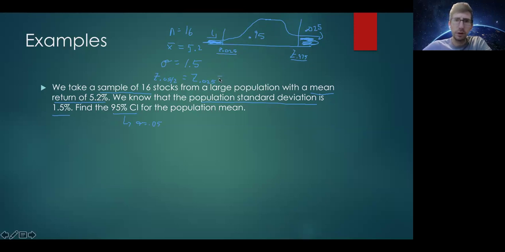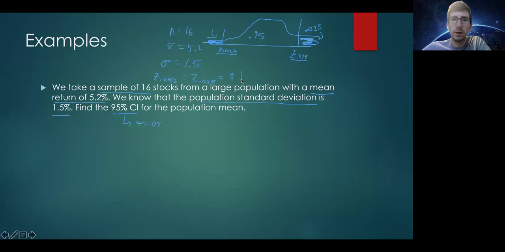Just as a quick reminder, we found these z-scores in a previous video for our confidence interval for population proportions. So if you're a little unclear on any of this, go back to those videos from chapter 18.